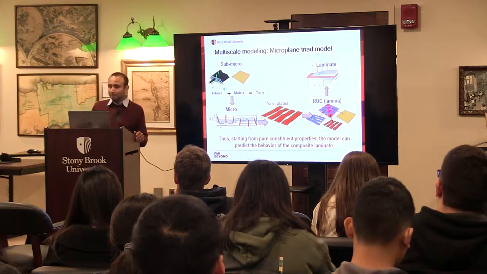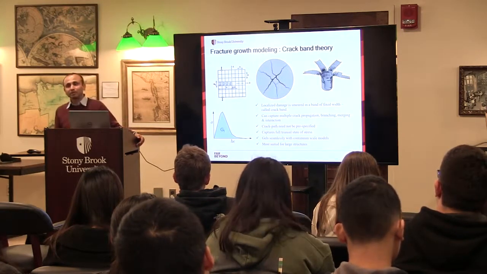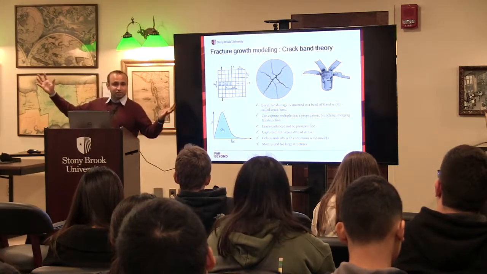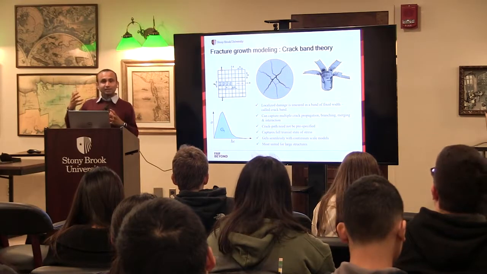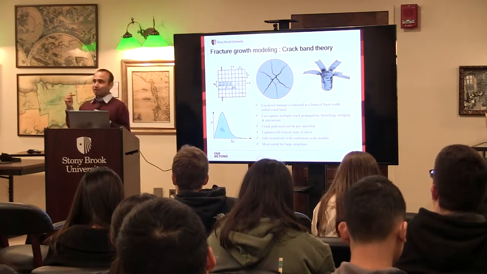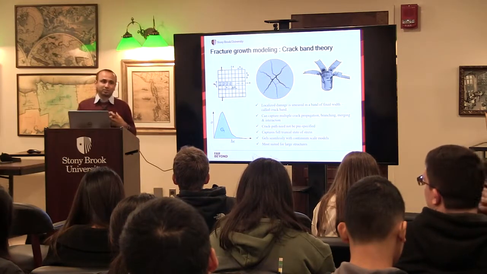Okay. And we couple this with a concept called crack band theory, which is a very effective approach to model cracks, especially in large structures. The way this model works is it doesn't explicitly model a crack. What it takes as a crack is material with zero stiffness.